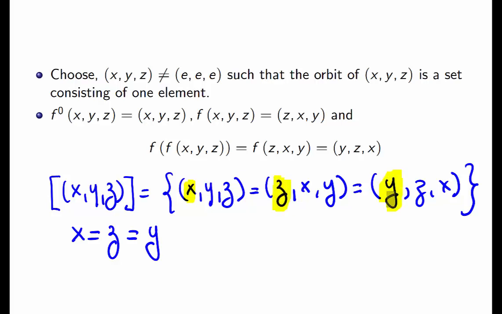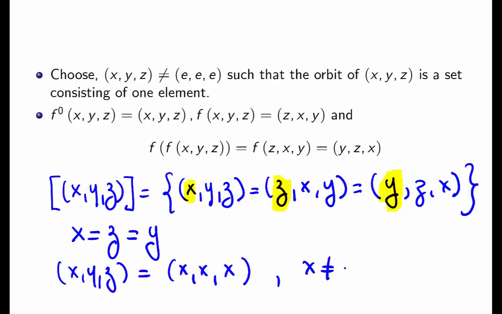So this tells you that if this is a one orbit, if the equivalence class of xyz only has one element, then xyz must be x, x, x, and x is not the identity element. All right.